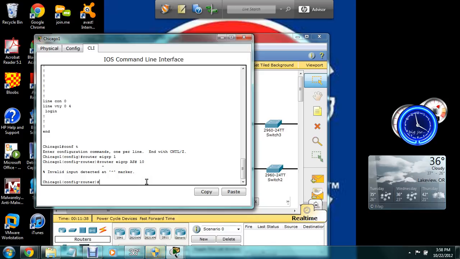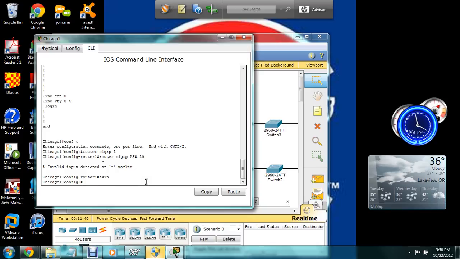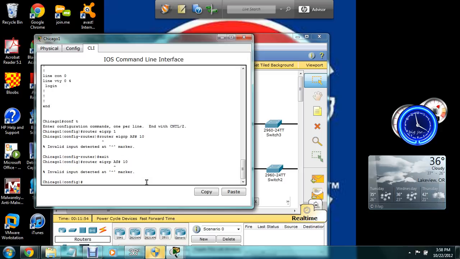Ooh, we got to do that. Sorry, we have to do that under configuration. Here's the learning experience. So we'll go router EIGRP AS number 10. And that didn't work either.